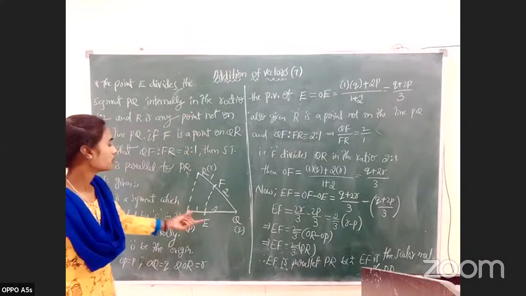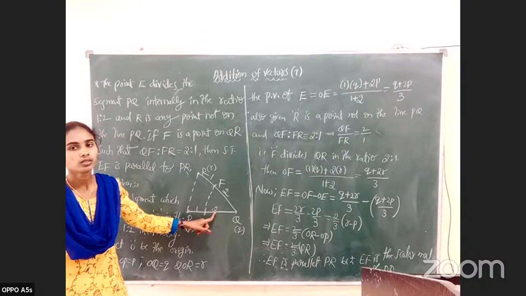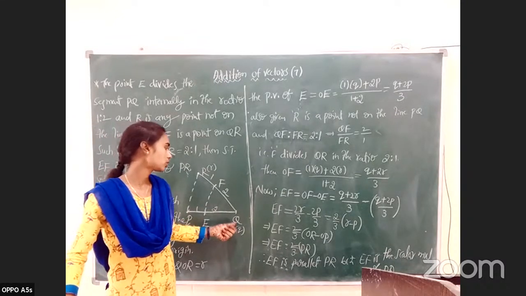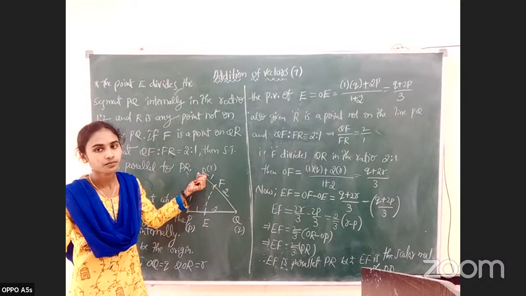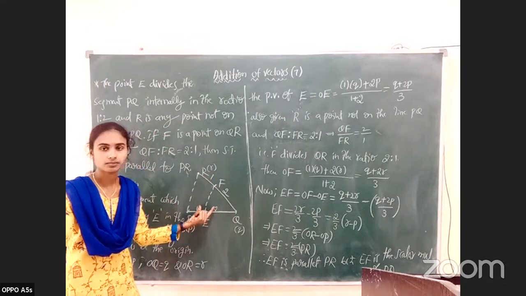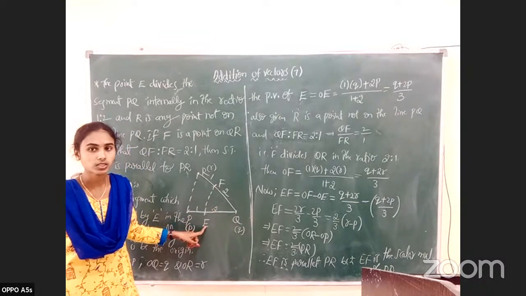So once again I will explain this. They give the PQ segment, and E divides PQ in the ratio 1:2. Let O be the origin, then the position vector of this is P, of this is Q, and of this is R. By using these position vectors and this ratio, we can find the position vector of E by using the section formula.